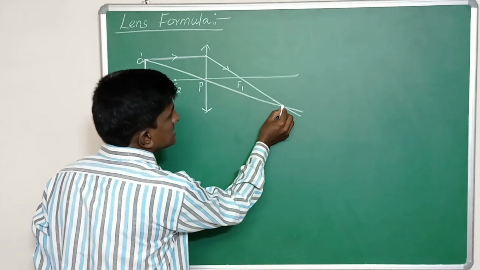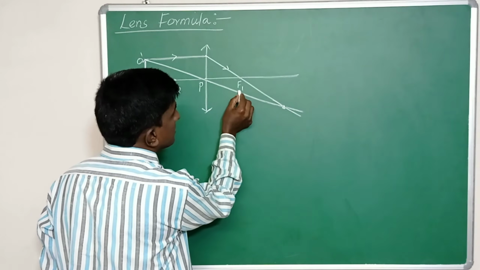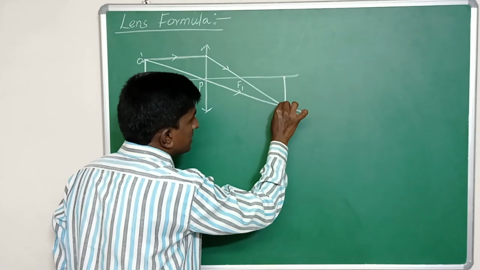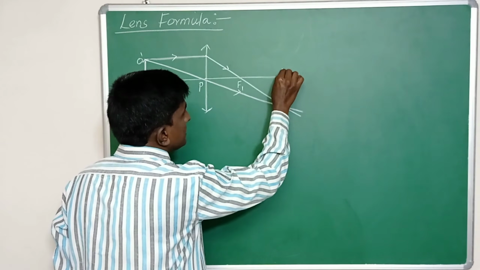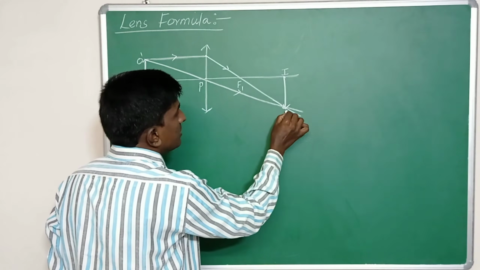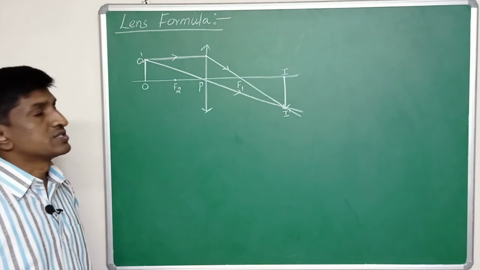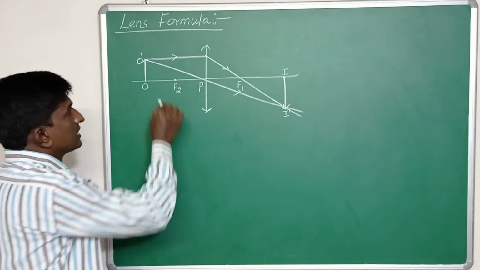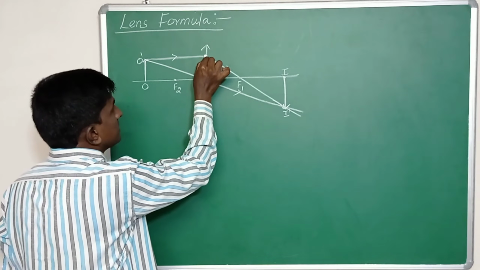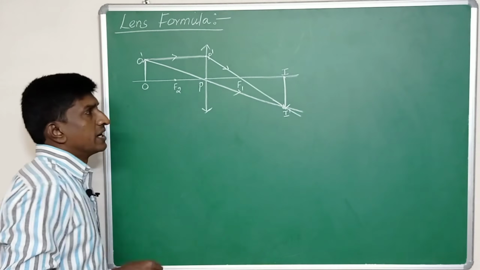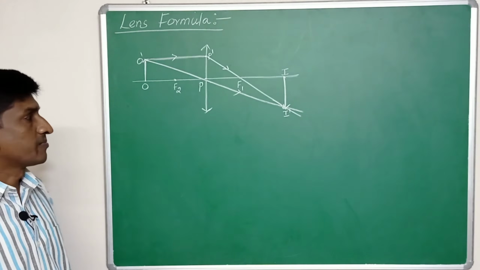These two refracted light rays intersect here, and here the image is formed. Let us say this is the position of the image, I dash, and the point where the parallel light ray is incident on the lens is P dash.